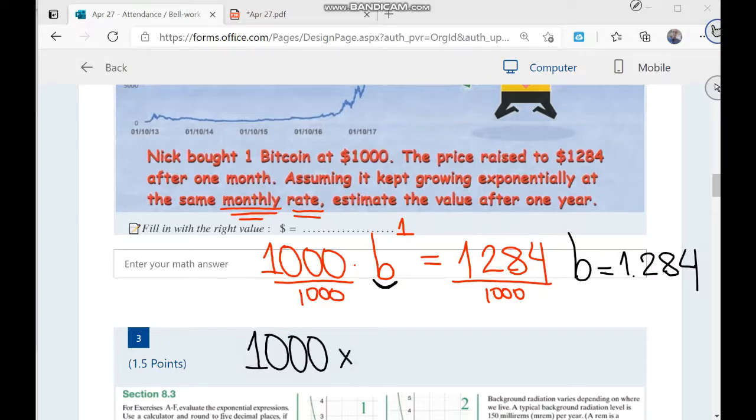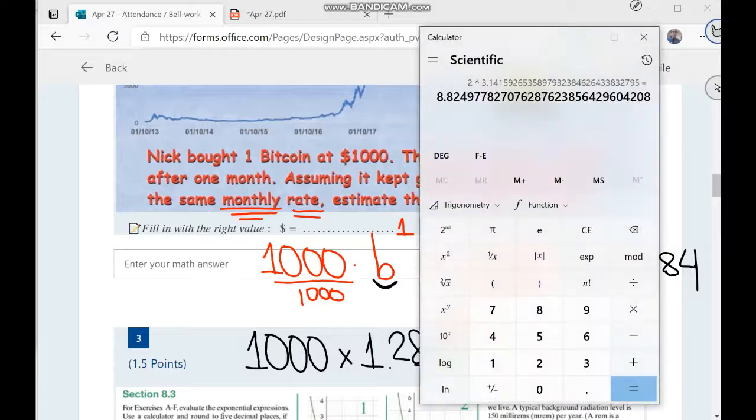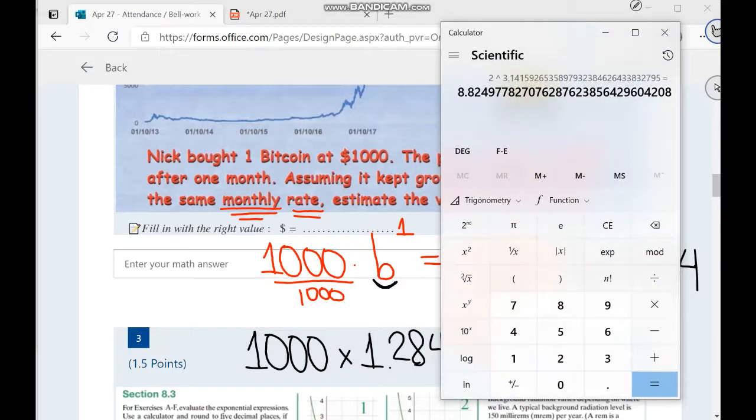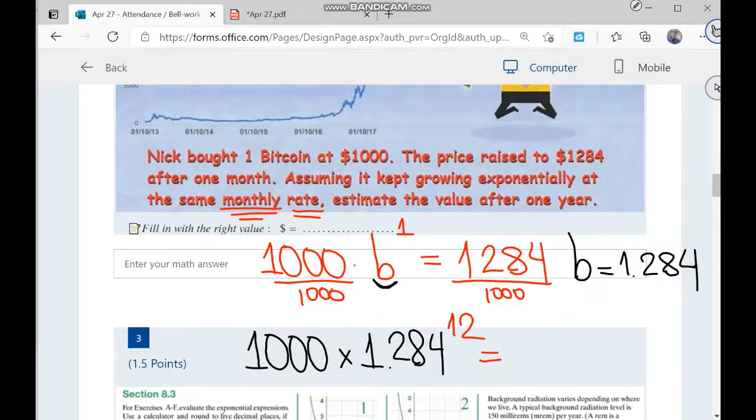So 1,000 times 1.284 exponent. 1 year is 12 months. And let me bring my calculator to do this math. 1,000 times 1.284 exponent 12, and the answer is $20,081. Let's round to 20,000.